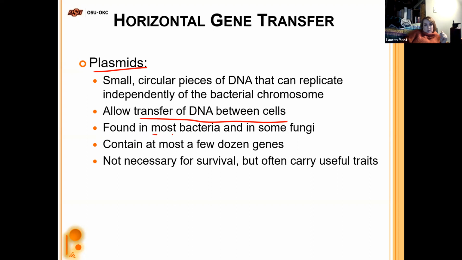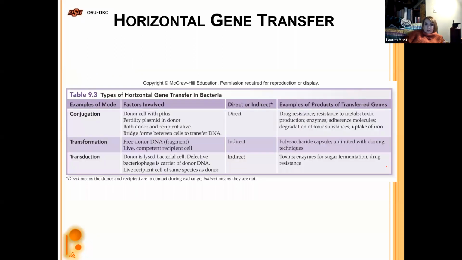We can find these in most bacteria and in some fungi and some protozoa. They contain at most a few dozen genes, not a lot, right? We have 20,000 in our chromosomes. This is just a few dozen. It's not necessary, but it can have useful traits like antibiotic resistance, right? So there are 3 ways we can do this: conjugation, transformation, or transduction.